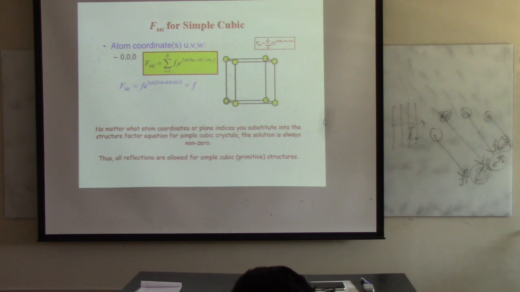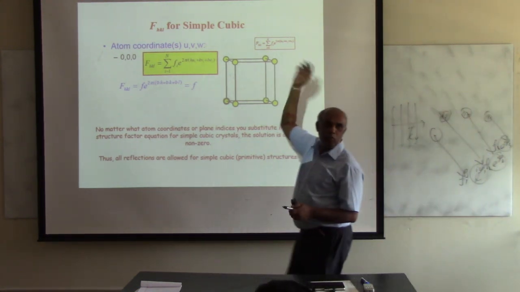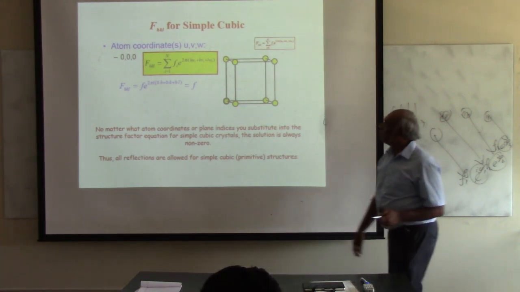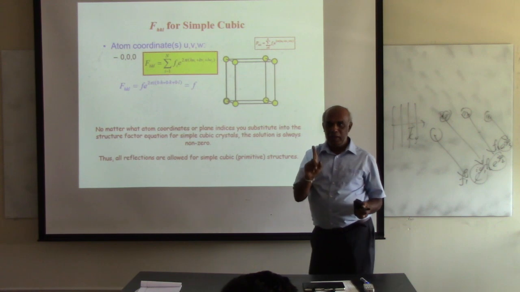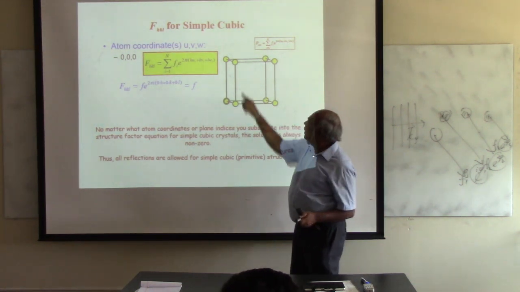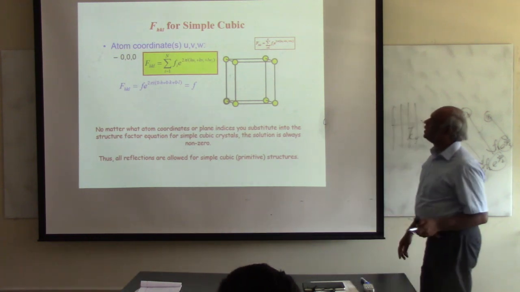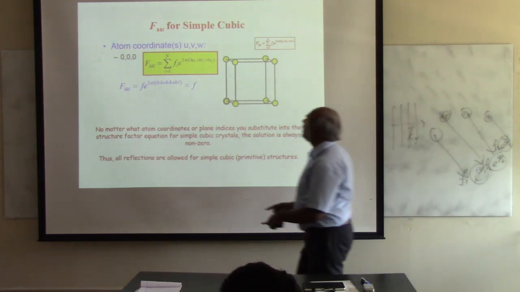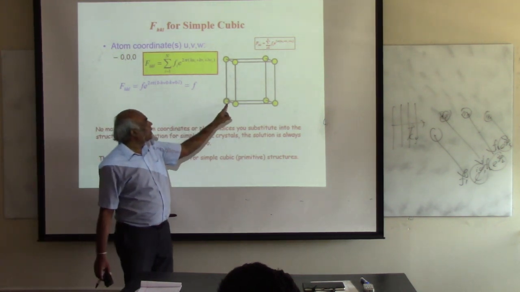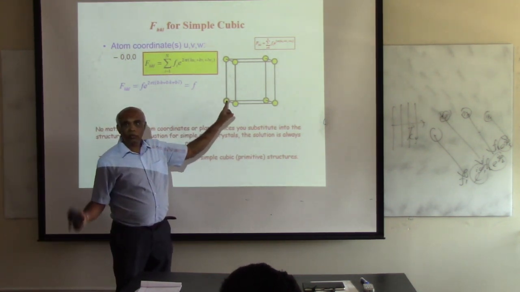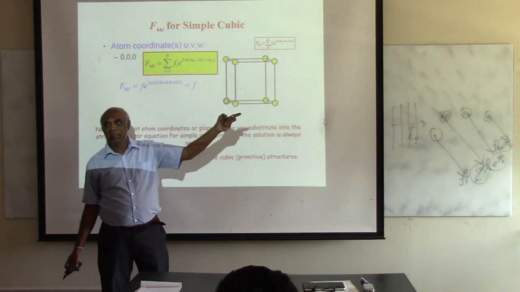So let's calculate some simple things. Now let's think about simple cubic structure. That means you have only one atom per unit cell, right? But we know the location of all the atoms. So then how do we calculate the structure factor? Because you have only one atom, you can pick whatever position you want.